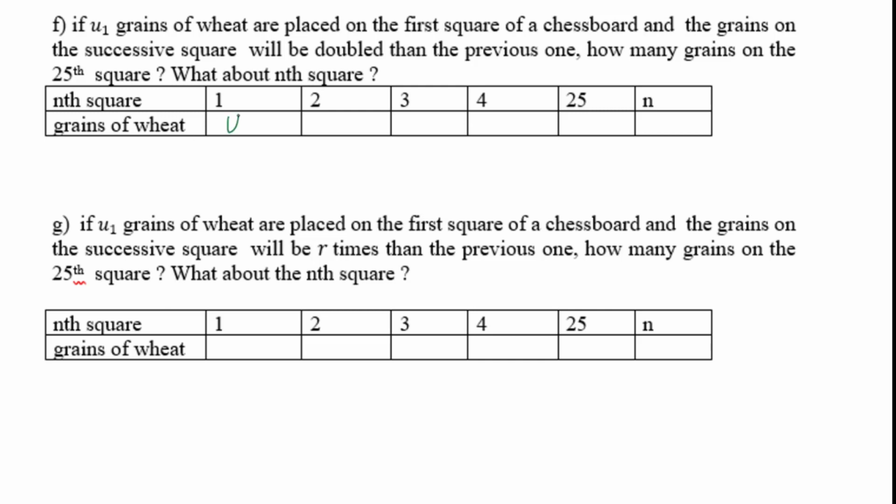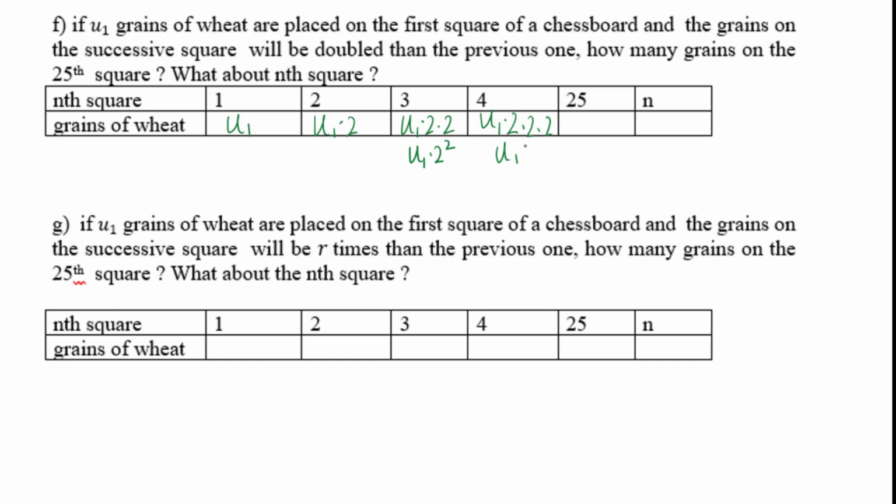For the first square, u sub 1 equals 1 grain. For the second square, u sub 1 times 2. For the third square, u sub 1 times 2, then times 2. We have u sub 1 times 2 squared. For the fourth square, u sub 1 times 2 times 2 times 2.